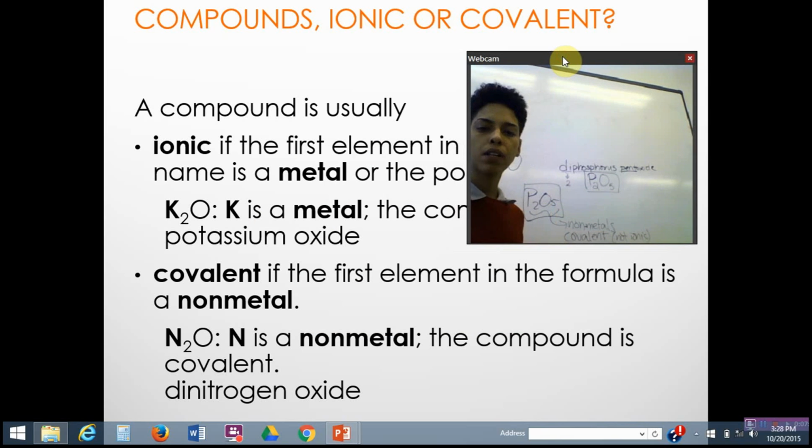If the first atom in the formula is a metal, it's most likely an ionic compound. If the first atom in the formula is a nonmetal, then it's usually going to be a covalent compound.